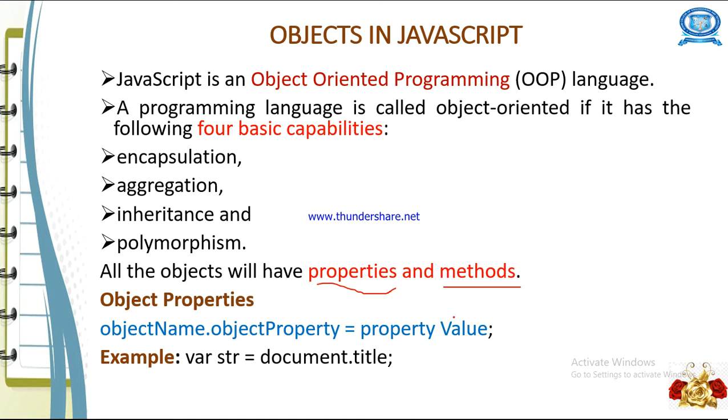Here the object name is document, and the object property is title. This is the property value.